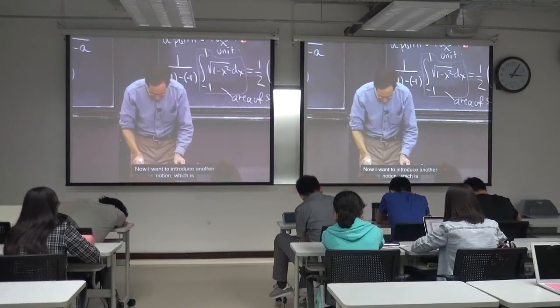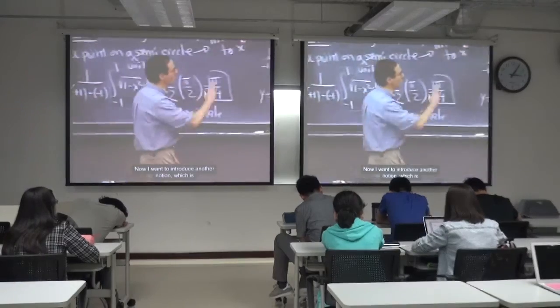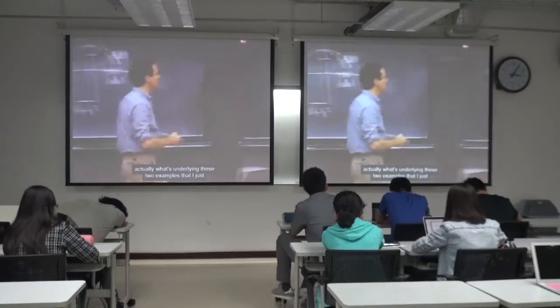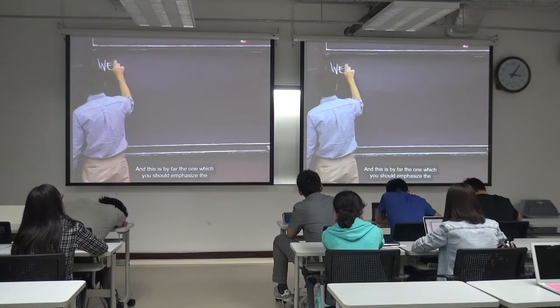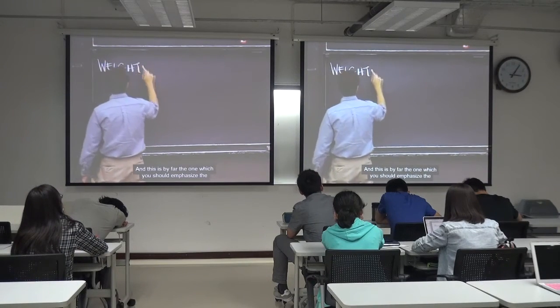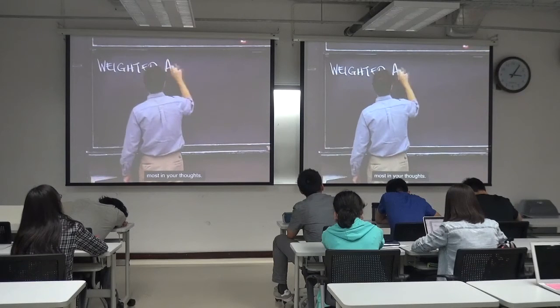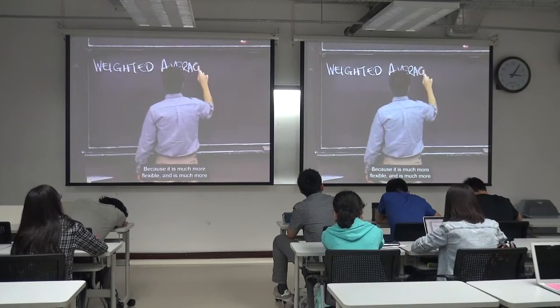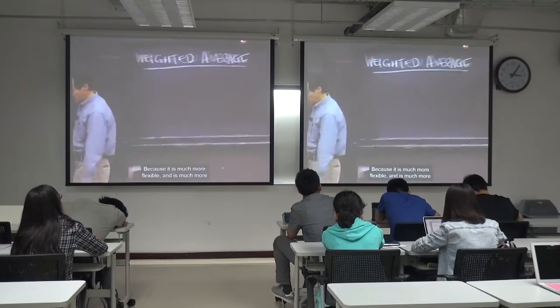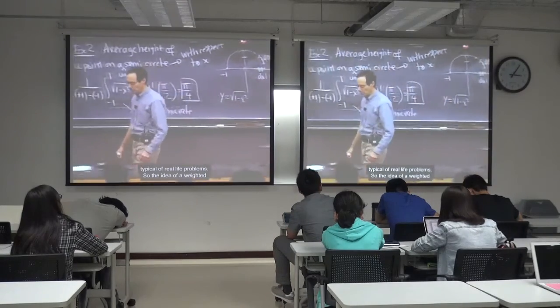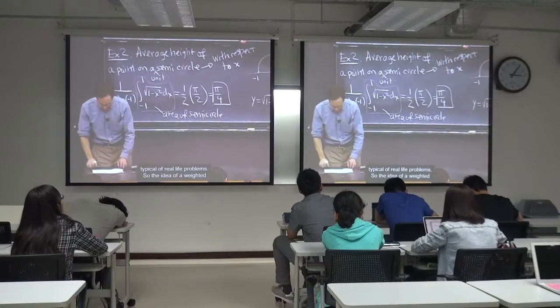All right, now I want to introduce another notion, which is actually what's underlying these two examples that I just wrote down. And this is by far the one which you should emphasize most in your thoughts, because it is much more flexible and it is much more typical of real-life problems.